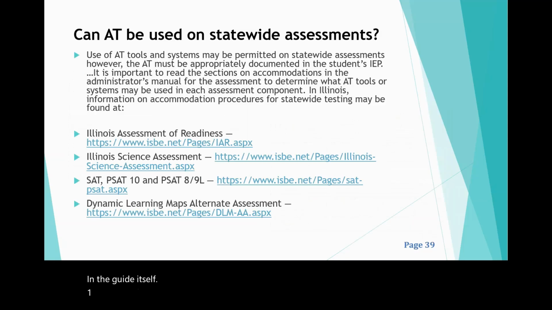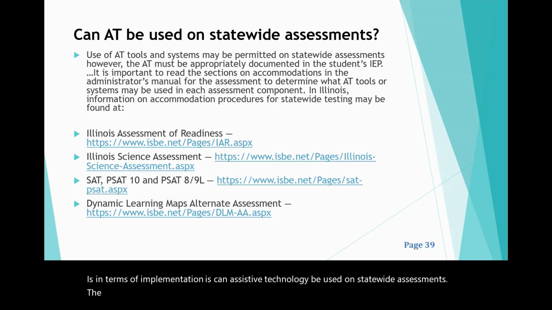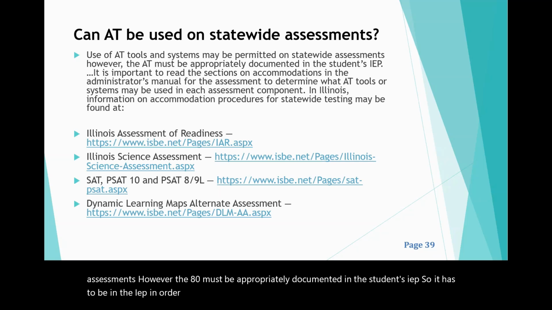One of the questions that often comes up in terms of implementation is, can assistive technology be used on statewide assessments? The response in the guide is that use of AT tools and systems may be permitted on statewide assessments. However, the AT must be appropriately documented in the student's IEP. So it has to be in the IEP in order for the student to use it on state assessments.